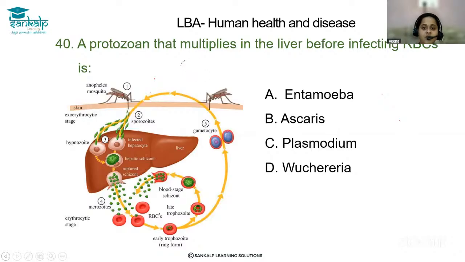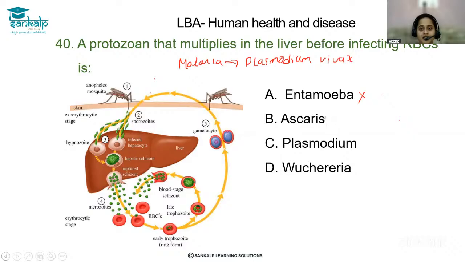So in case of malaria, that is caused by which protozoan? It is a protozoan called Plasmodium vivax. Okay. So the correct answer, dear student, is not Entamoeba, which causes the disease amoebiasis.